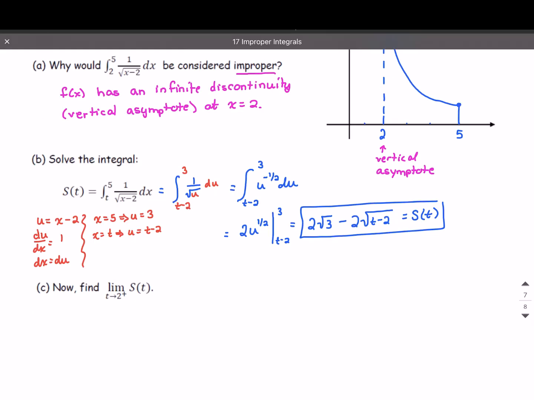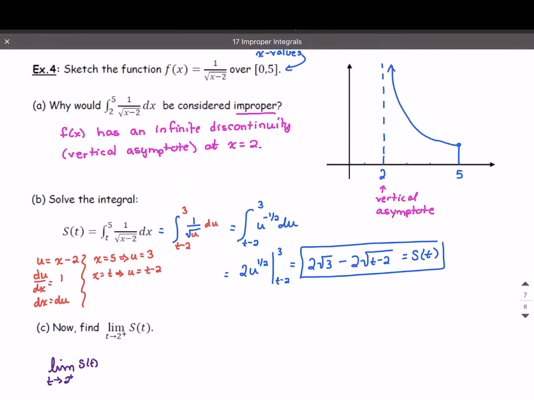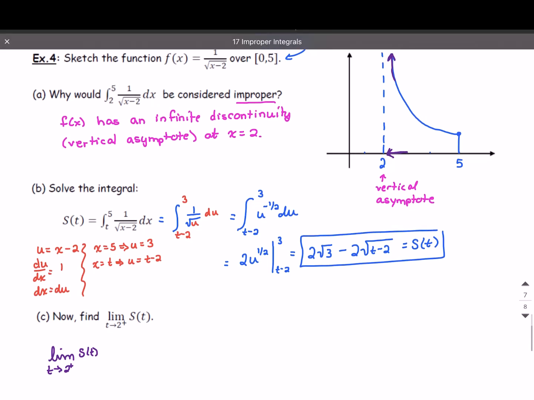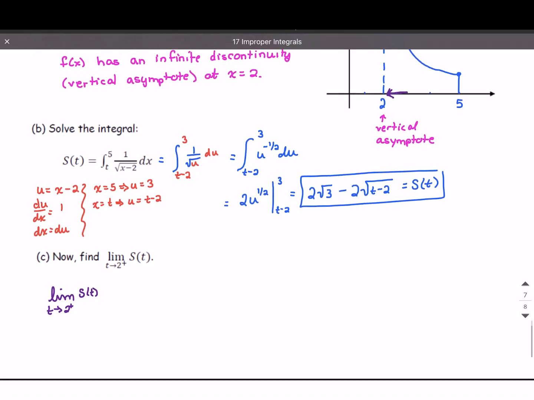Next step, we want to find the limit as t approaches 2 from the right of s of t. Notice when we're coming at 2 from the right, or from above, that's this piece of the function where the function is increasing without bound. That's why we're coming at 2 from the right, because that's the piece we're looking at.